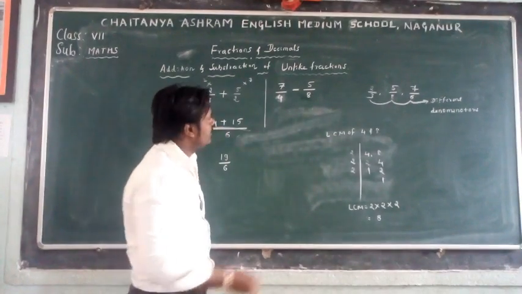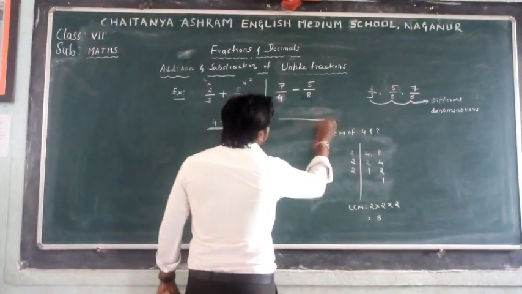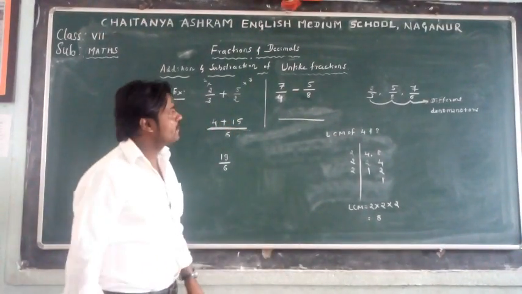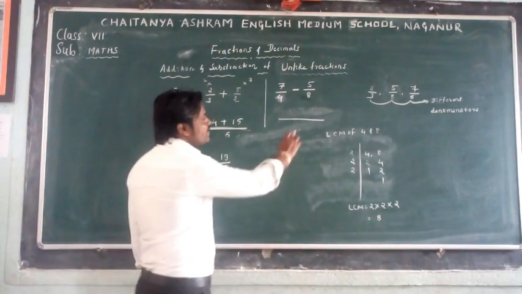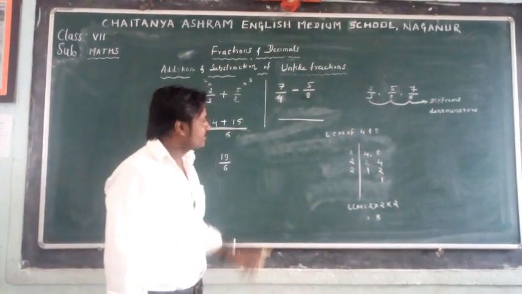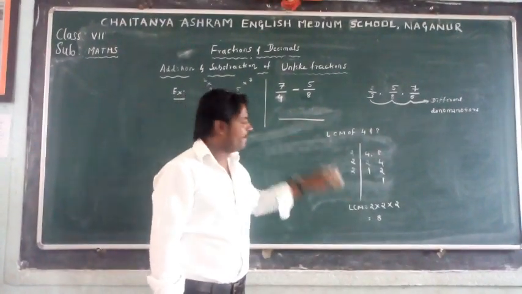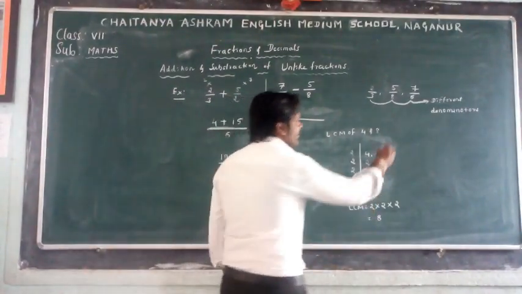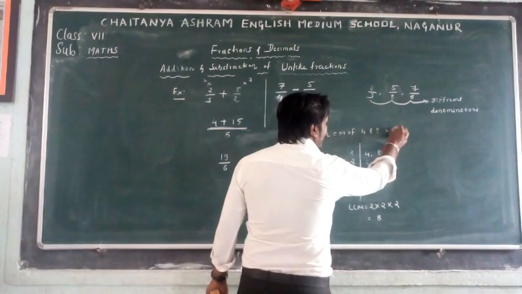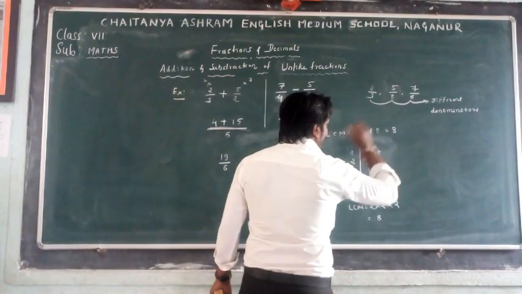Next step, make a fraction. In the denominator of this fraction, what should we write? We should write the LCM, that is 8.